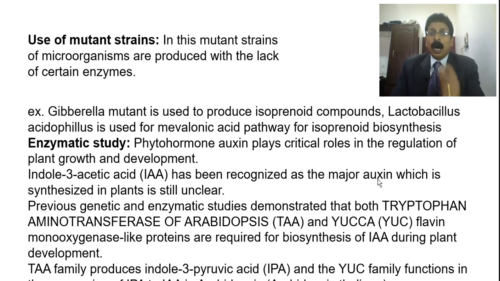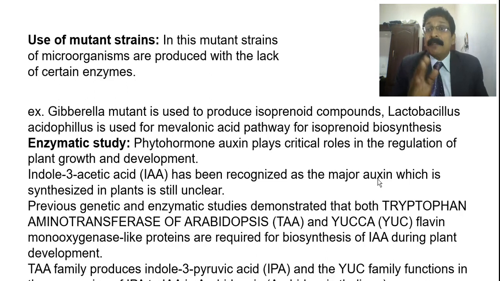They are growth hormones. So it is TAA, the tryptophan aminotransferase of Arabidopsis enzyme family, which produces indole-3-pyruvic acid, IPA, and the function of the YUC enzyme family is conversion of indole pyruvic acid to indole acetic acid.